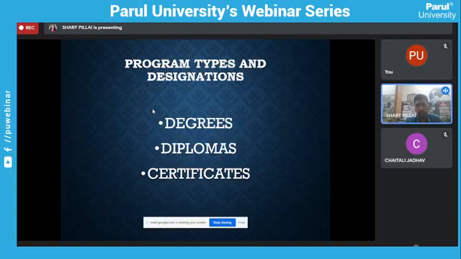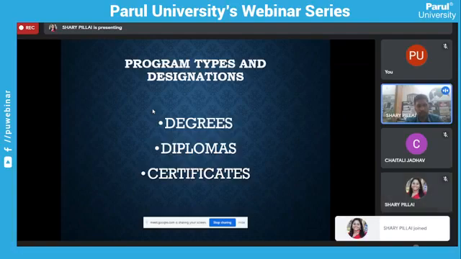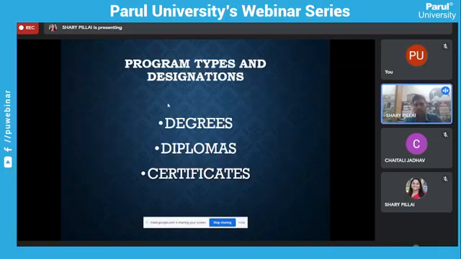Program types and designations in Canada are degrees, diplomas, and certificates. The designations offered in the Canadian post-secondary education system include all three categories. Degrees are typically granted by universities after the completion of an academic program.